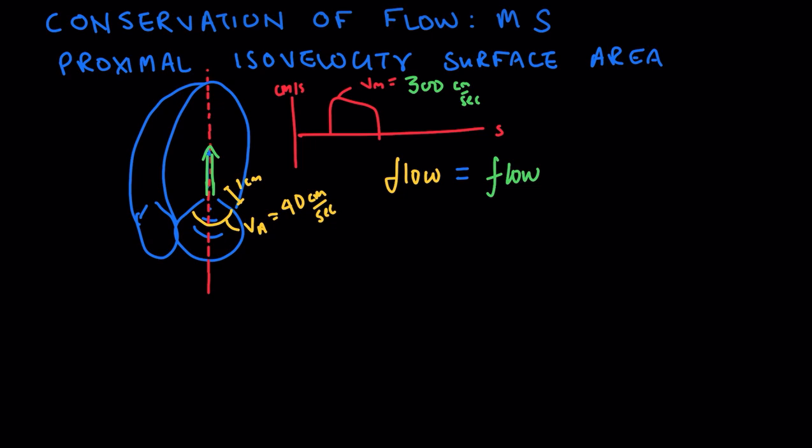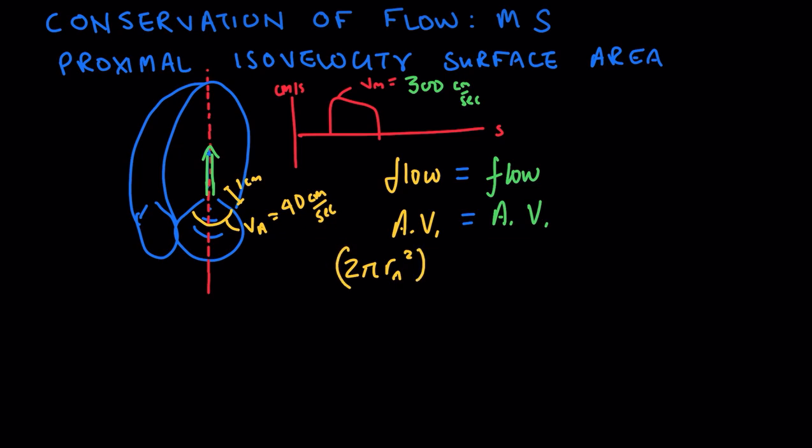The blood flow is not going somewhere else. That means that the area times the velocity just before the valve will have to be equal to the area times the velocity right at the valve. What's the area before the valve? Well, I've been using the term hemisphere. The surface area of a hemisphere is 2 pi r squared, so we can say 2 pi times the radius squared.